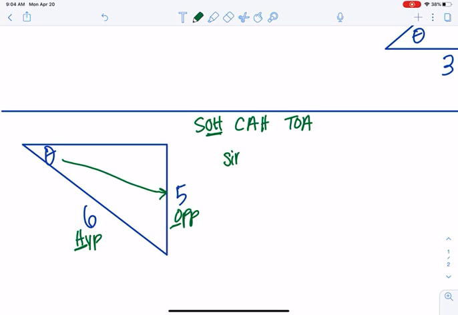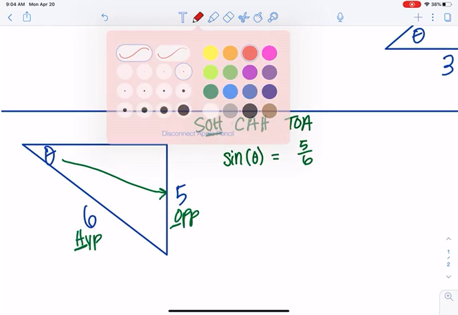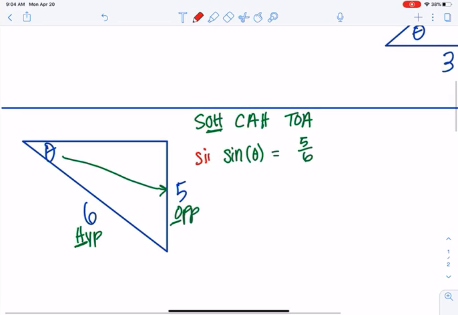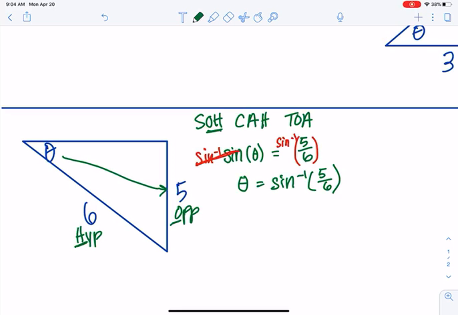So sine of theta equals opposite over hypotenuse, so 5 over 6. To get rid of sine, I use sine inverse. If I do that on one side, I need to do it on the other side. These are gone. I'm left with theta equals sine inverse of 5 over 6.